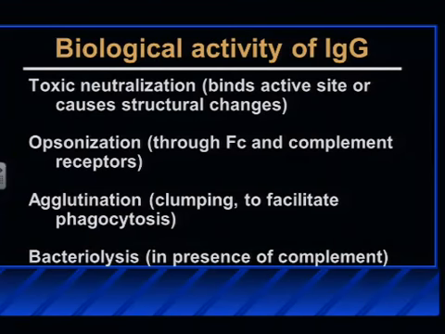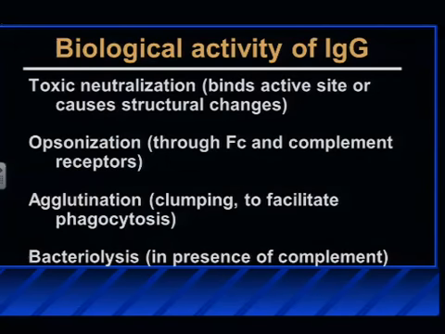It can opsonize. Opsonization is basically the binding of opsonins, such as antibodies and certain complement components, to the antigen, so that the antigen is more visible to the phagocytic system. We'll talk about complement in a different lecture.